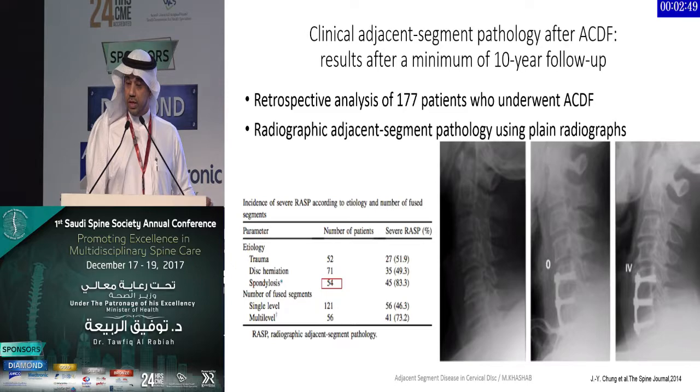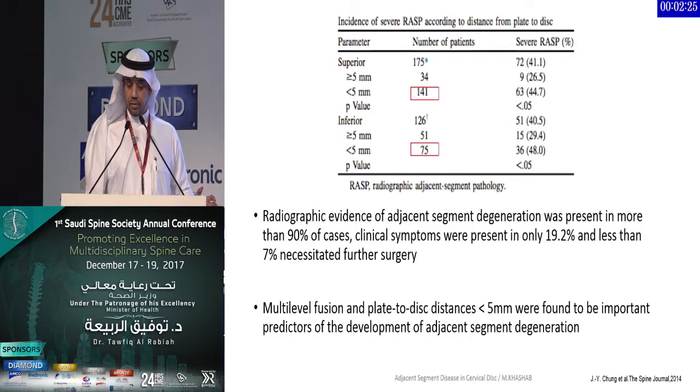Another study looked at the 10 year outcome of ACDF, and it followed about 177 patients who had an ACDF. They noticed that the vast majority of patients who developed adjacent segment disease had spondylosis, compared to trauma or herniation.